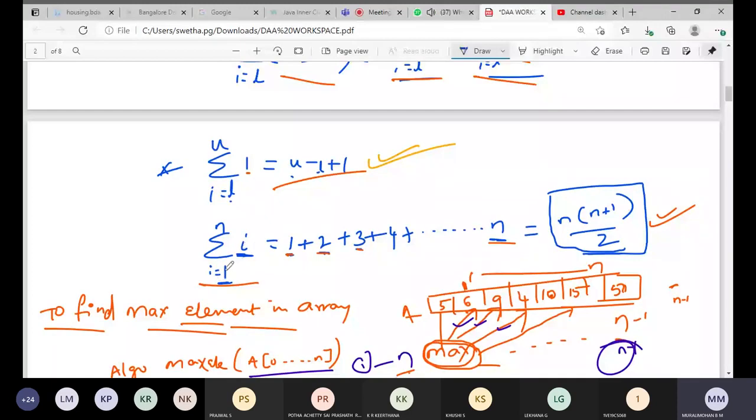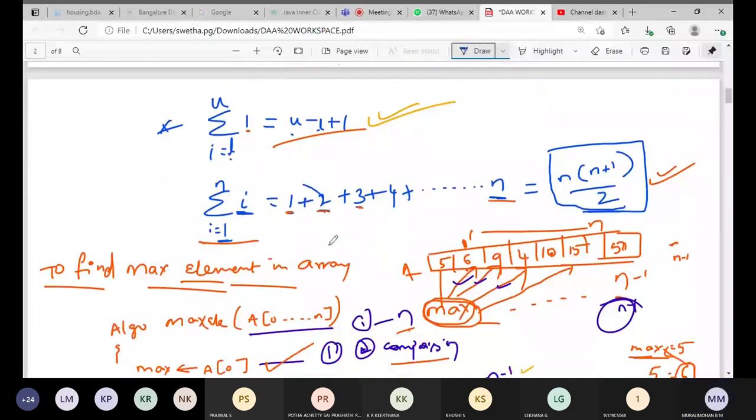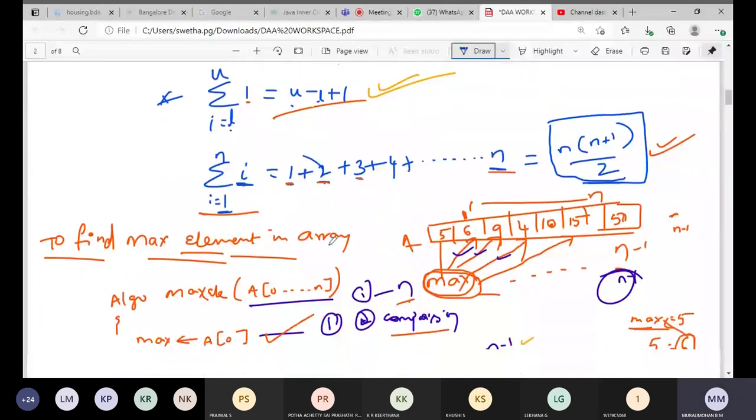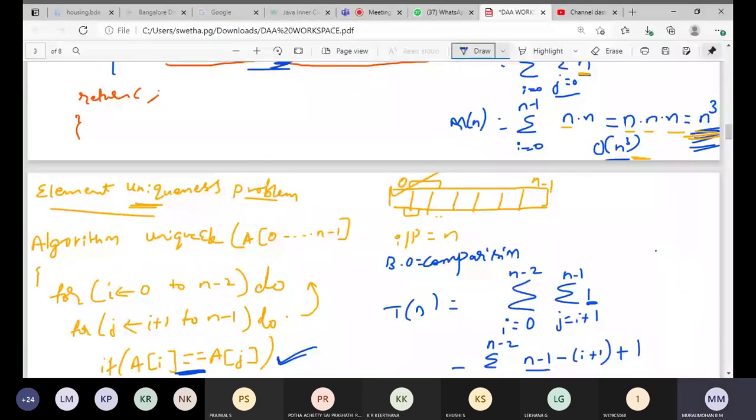I should substitute the I value into this one. So I am using this formula, and we substitute the I value here.